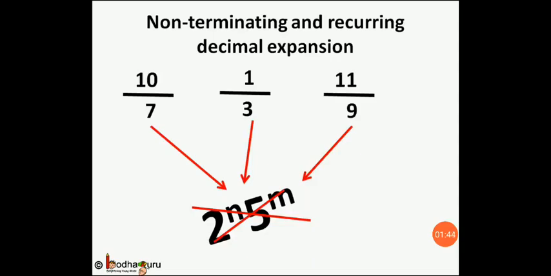For a terminating decimal expansion, 2 or 5 should be the only prime factors of the denominator. Other than that will give us a non-terminating recurring decimal expansion, like 10 by 7, 1 by 3, 11 by 9.